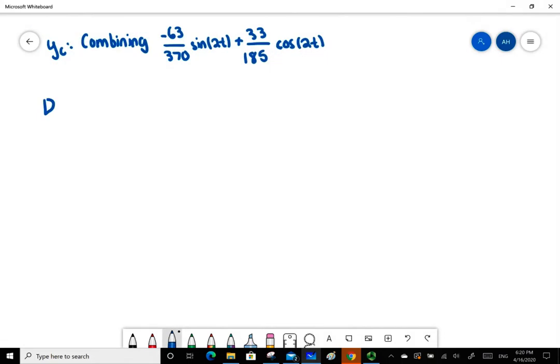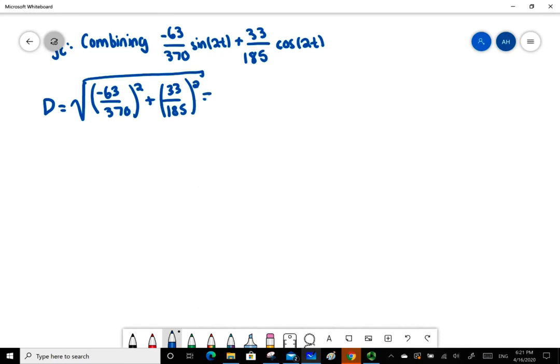The amplitude d equals the square root of (negative 63 over 370) squared plus (33 over 185) squared, which equals the square root of 8,325 over 370, or 15 square root of 37 over 370, or 3 square root of 37 over 74.